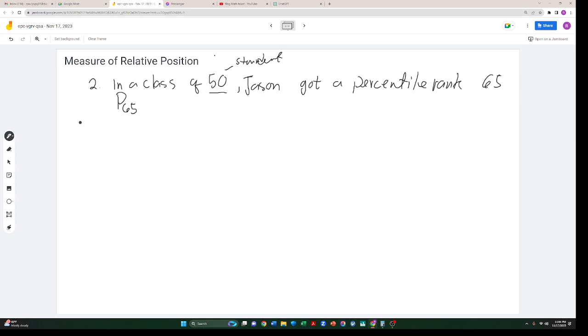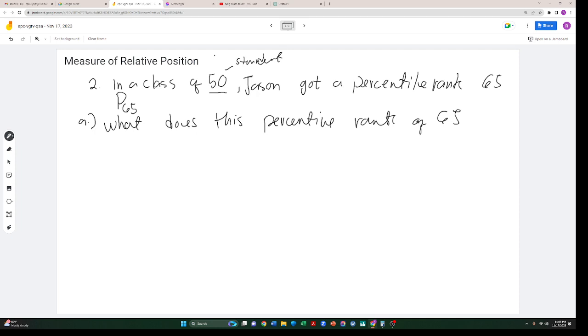So the question is, what does this percentile rank of 65 mean? To answer this, the P65 implies that Jason got a score higher than 65% of the class.